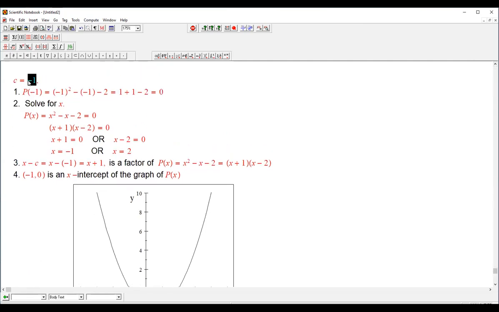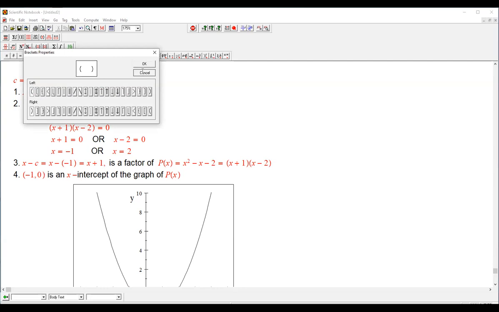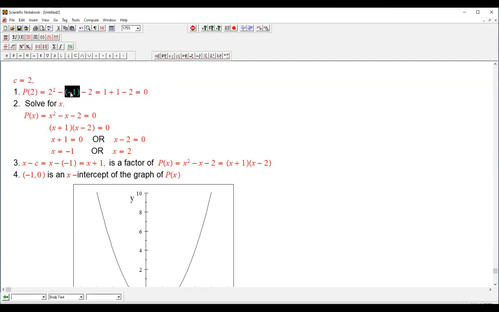So for C equals 2, that's going to be 2 minus 2, which is 0. And solving for X, we get X equals 2, and X minus 2 is indeed a factor, and 2 comma 0 is also an x-intercept of the curve.